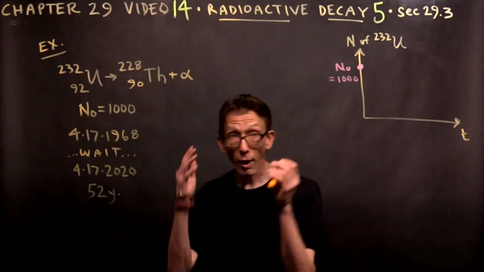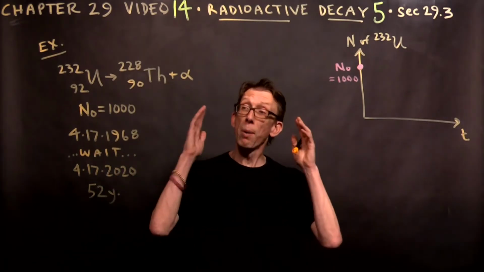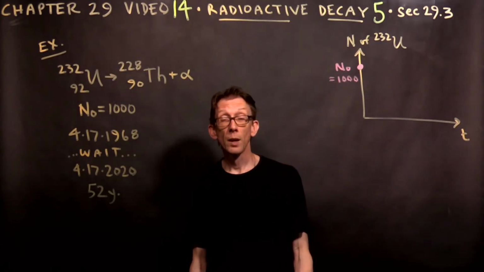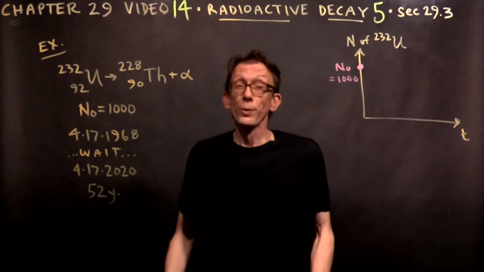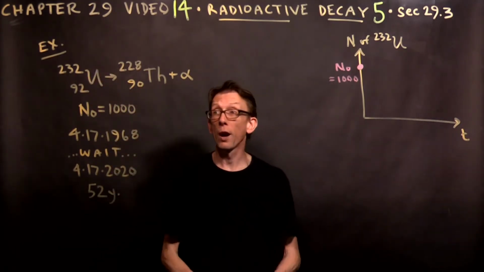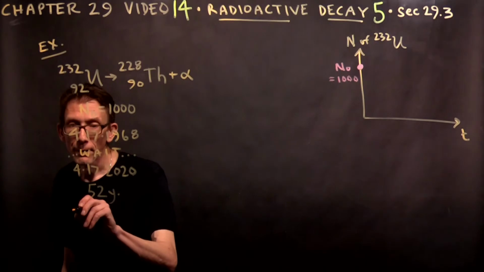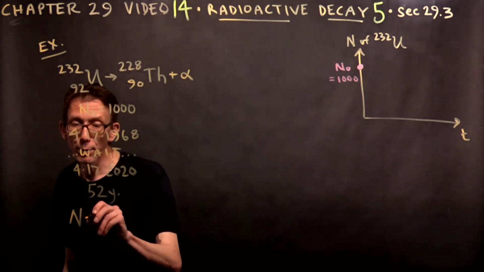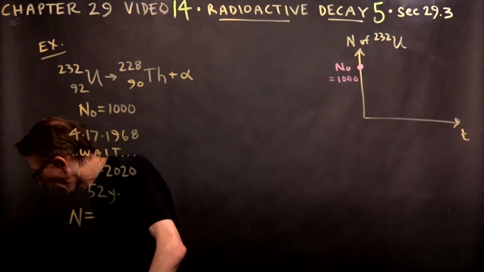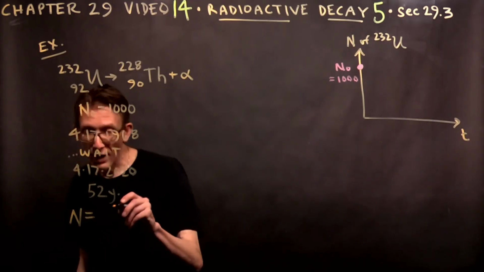So we started off when I was born with a box of 1,000 uranium-232 nuclei. Then last Friday, we opened it up and counted how many uranium-232 nuclei there were, and we found that on the 17th of April, 2020, there were 593 of them.